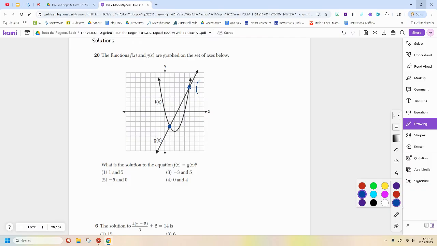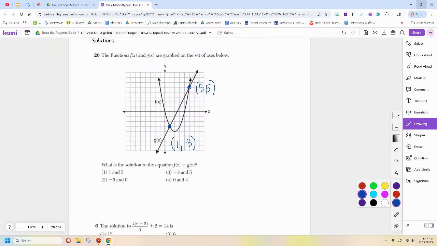This point is at (1, 5). And this point is at (1, -3). So what is the solution, or what are the solutions?